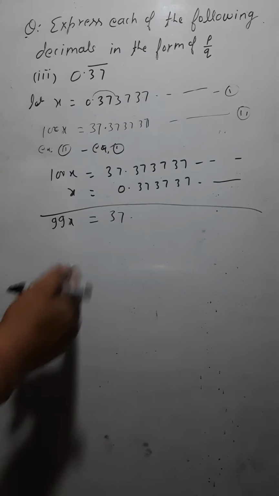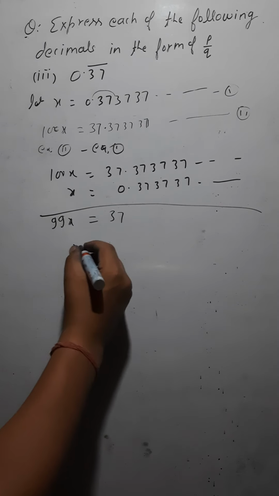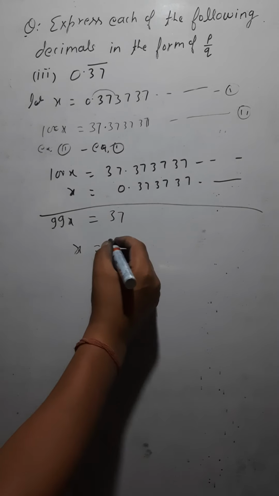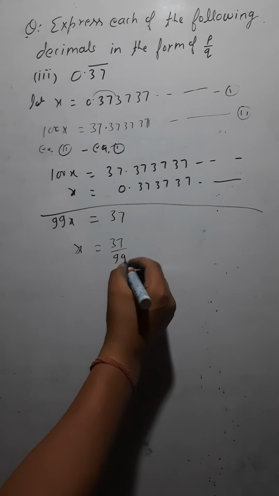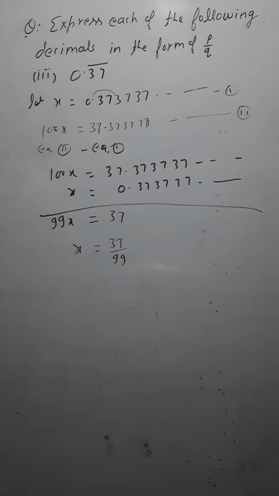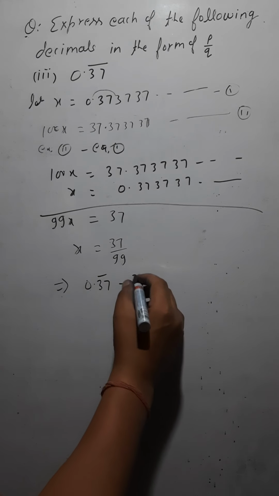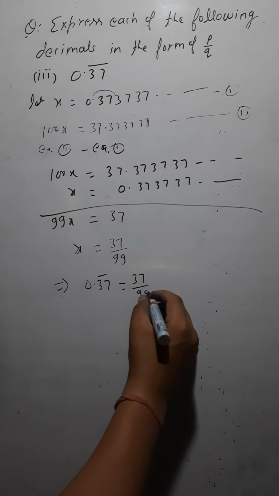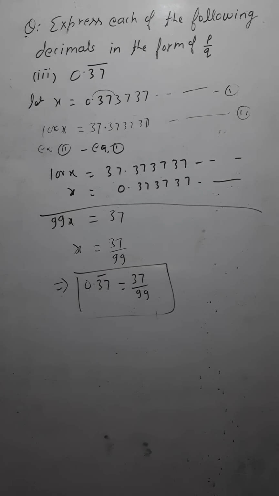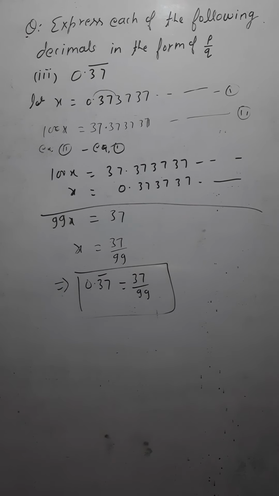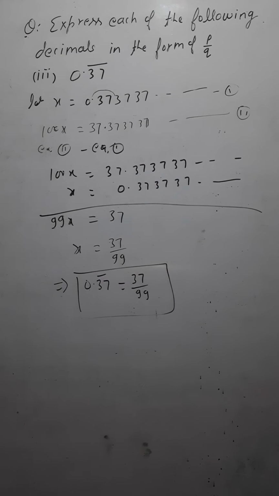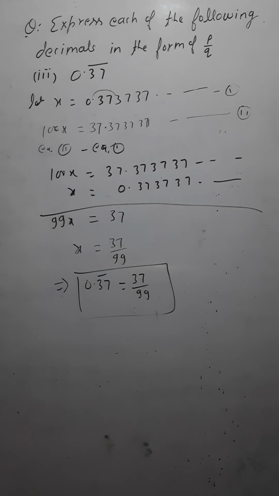These are all 0 now. So only 37 is left here. So x would be equal to 37 by 99, as this 99 is going to divide there. So x was what? x was 0.37 bar. So it implies 0.37 bar is equal to 37 by 99. This is how we would express the given non-terminating decimal expansion in the form of p by q.